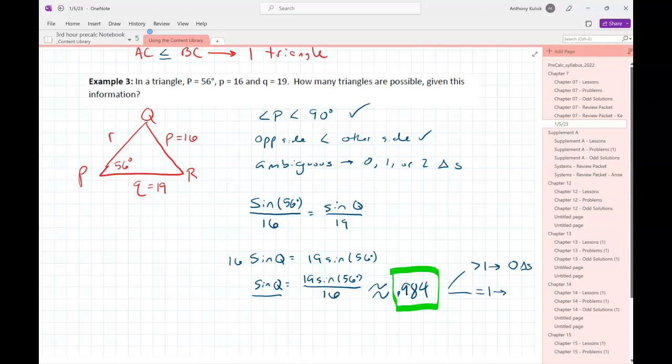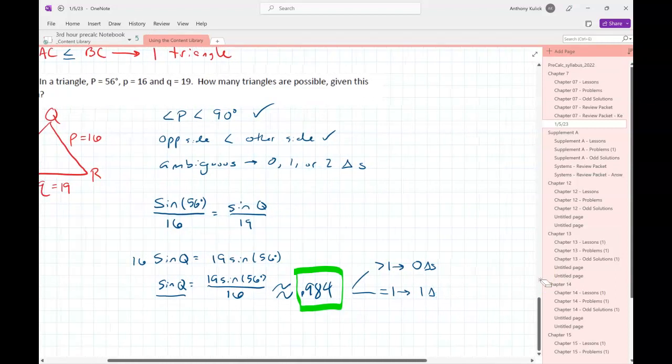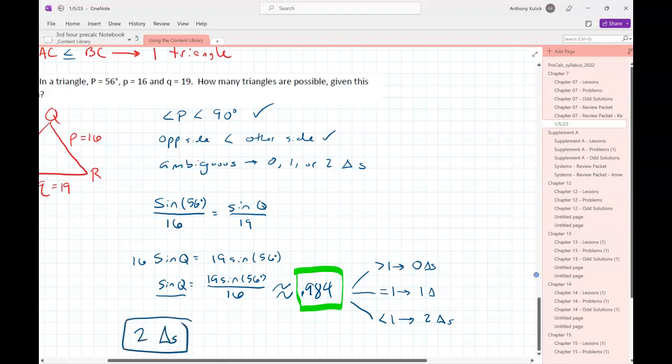If that number is equal to exactly 1, that's our hypotenuse leg situation. That's where we have 1 triangle exactly. And if it's less than 1, we'd get 2 triangles. So in this case, to answer the question of how many triangles are possible, we would say 2.